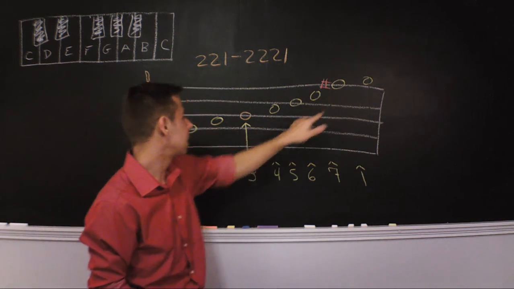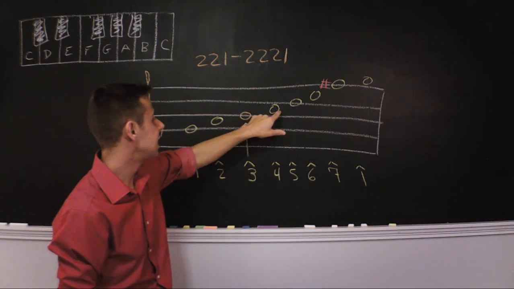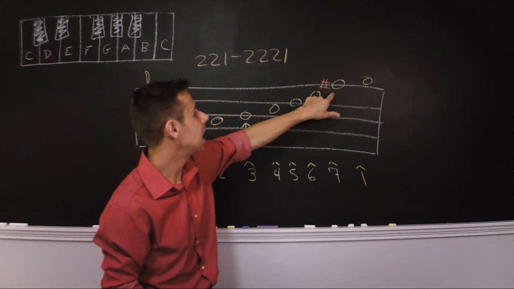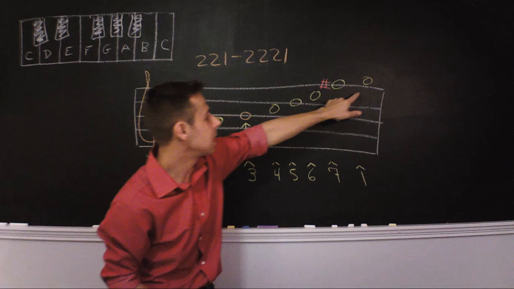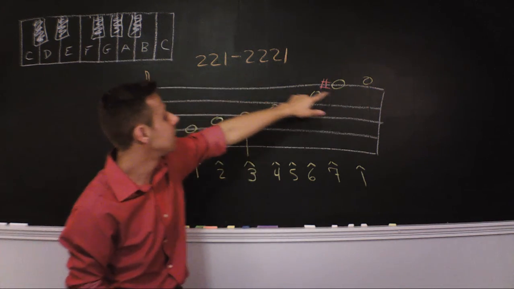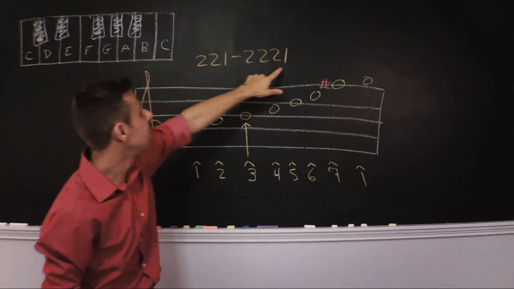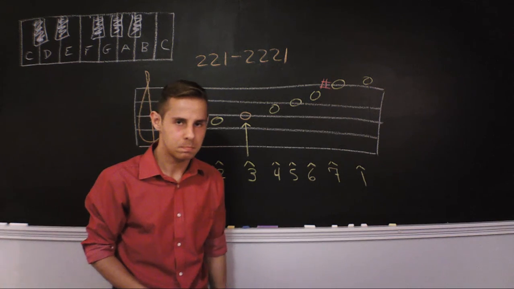So we have an F sharp here. We have G, A, B, C, D, E, F sharp, and once again G. And that F sharp is indeed 1 half step below G, as this 1 indicates.